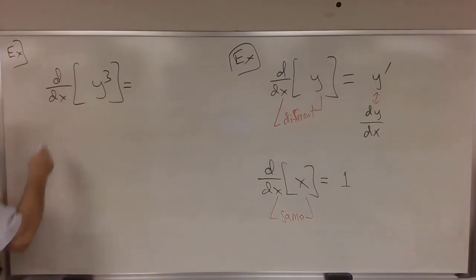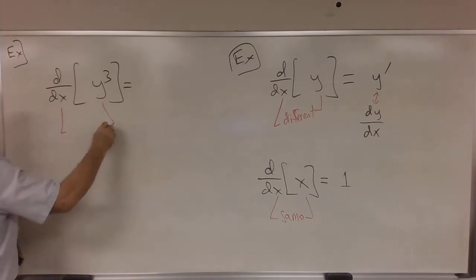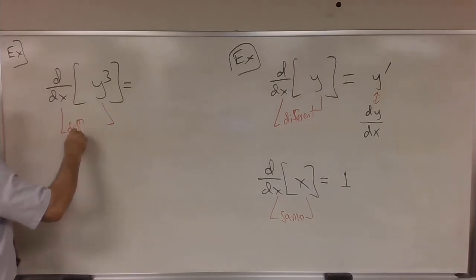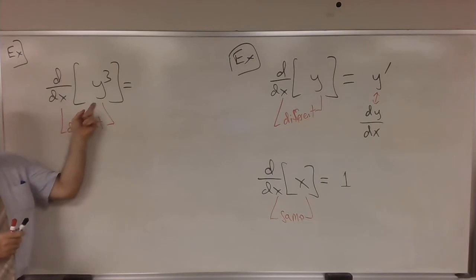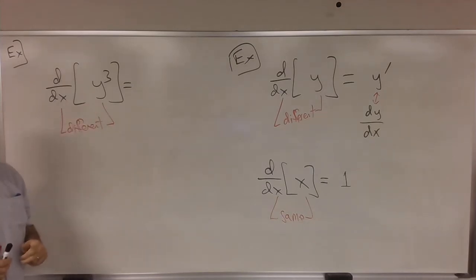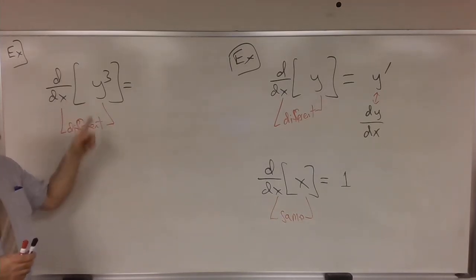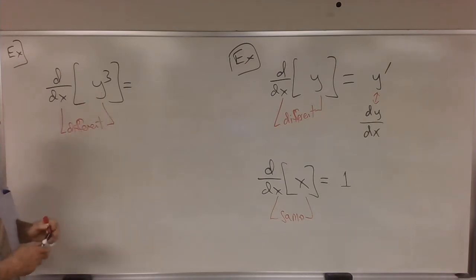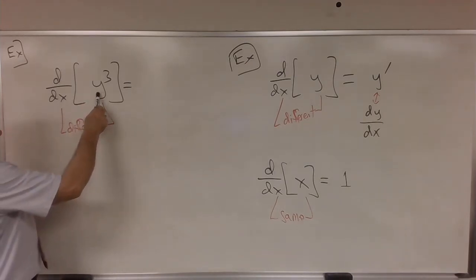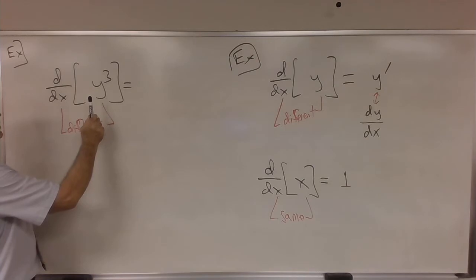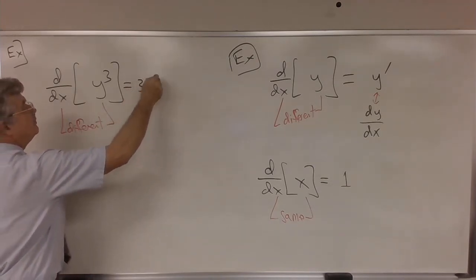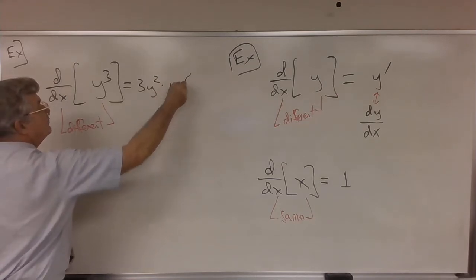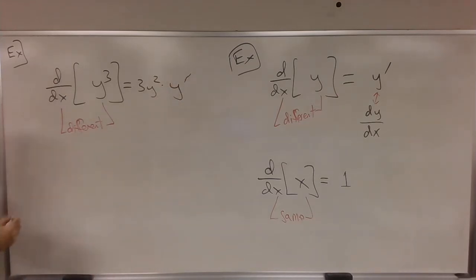The derivative of y cubed. The variables are different. So y is what? Not just a variable, but also a function of x. That makes this the derivative of a function raised to a power. So we have power rule as usual times the derivative of the inner function.